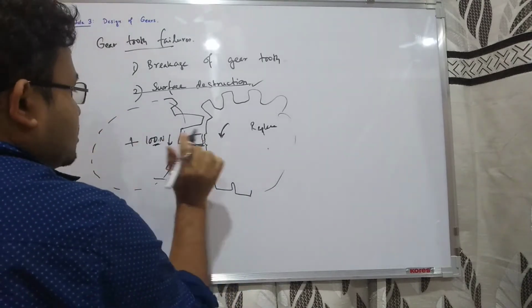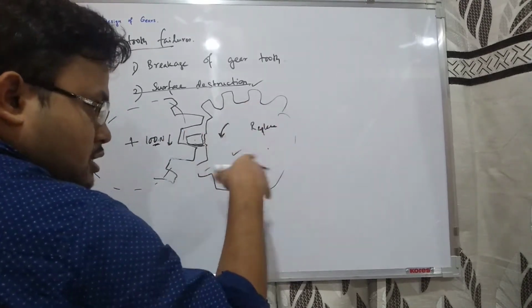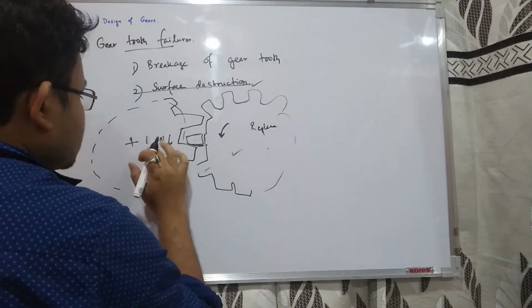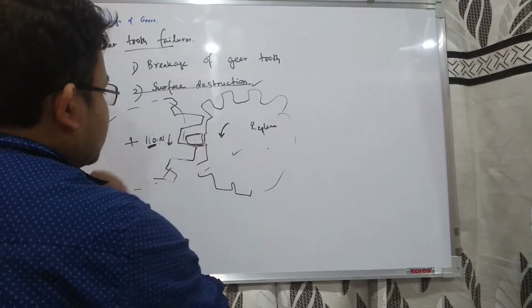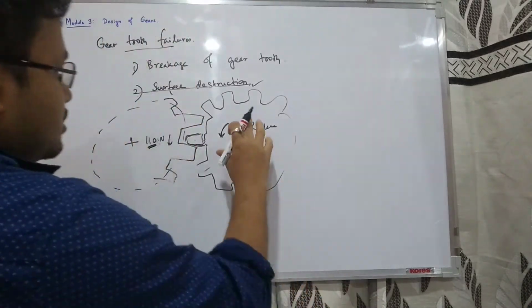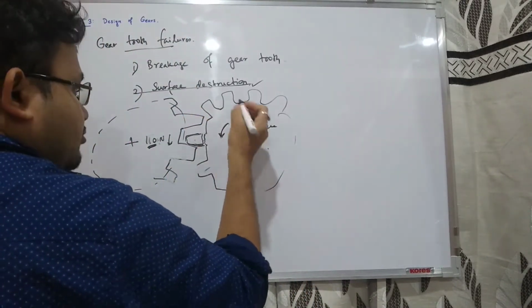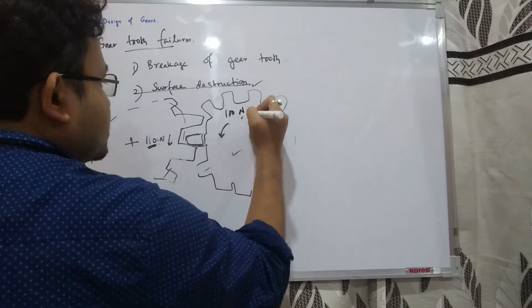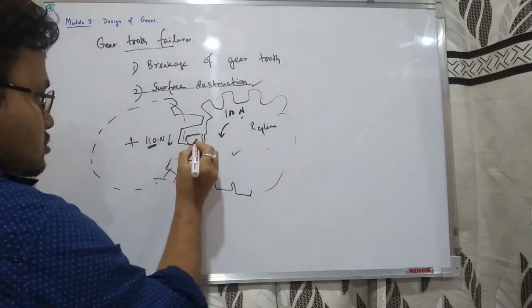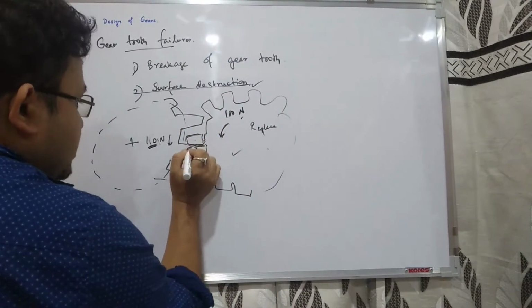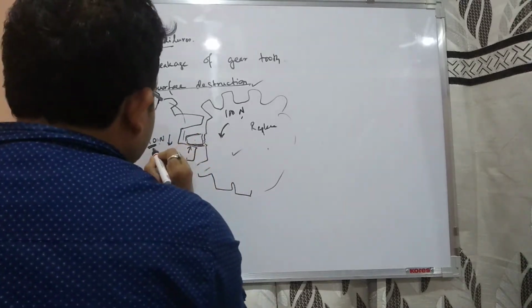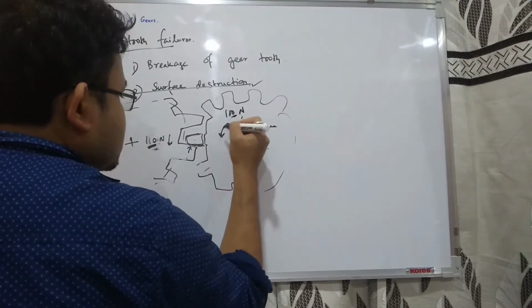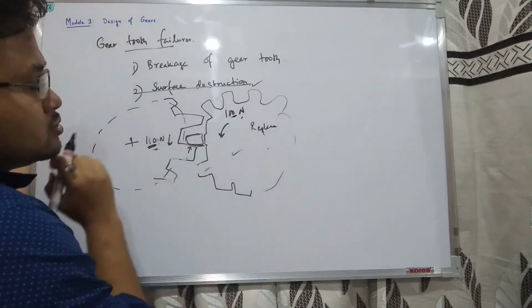But you see, the material has such a property that if you cross 100, let's make it 110, then this will break. That means if you apply more than 100 Newton force on this gear tooth, there will be a reaction force. Since it is not rotating, an equal and opposite reaction force will be there. So if it crosses 100 Newton, then this gear tooth breaks.